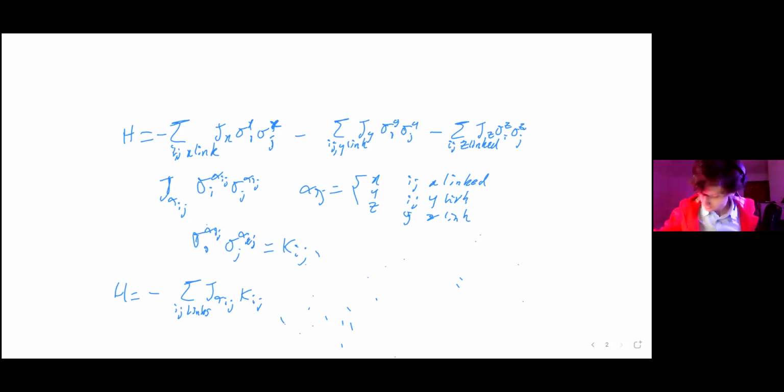Before we move on, I'd also just like to quickly mention that sigma i alpha generate an SU(2) representation. So if you're ever lost, you can just know they multiply together to i and they anti-commute.